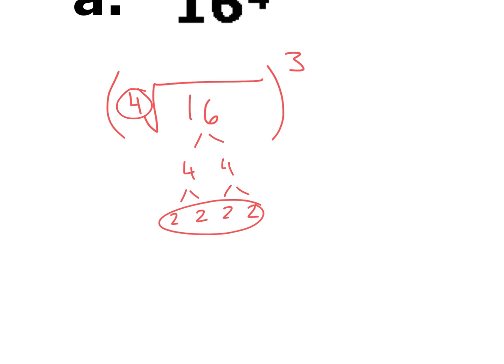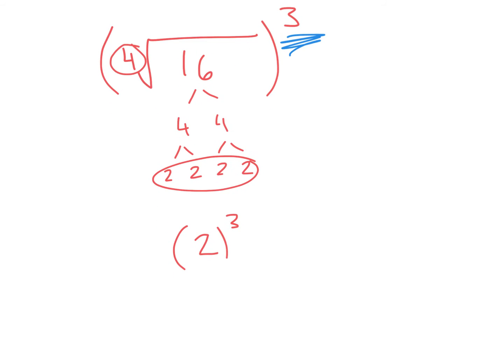So what do we get when we simplify the fourth root of 16? 2. But then we have 2 cubed. We can't forget to cube it. So what's 2 cubed? Perfect. This is 2 times 2 times 2. So that gives us 8.